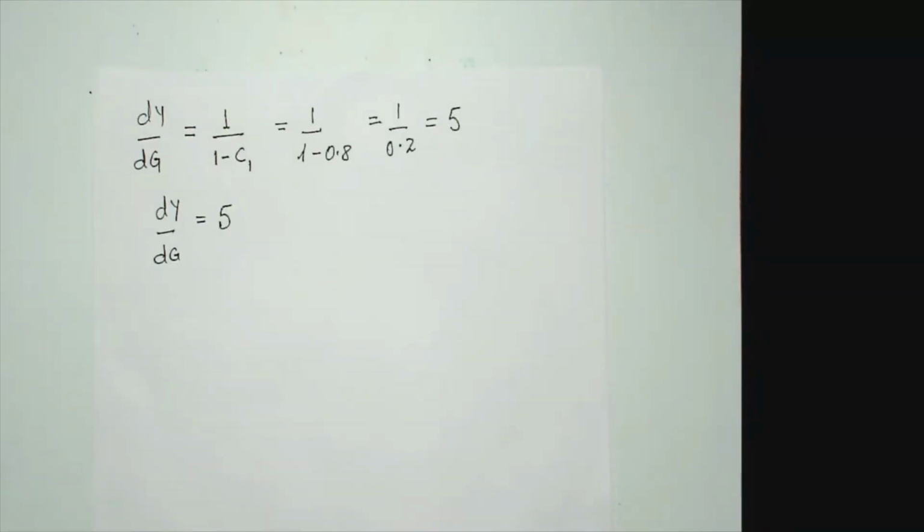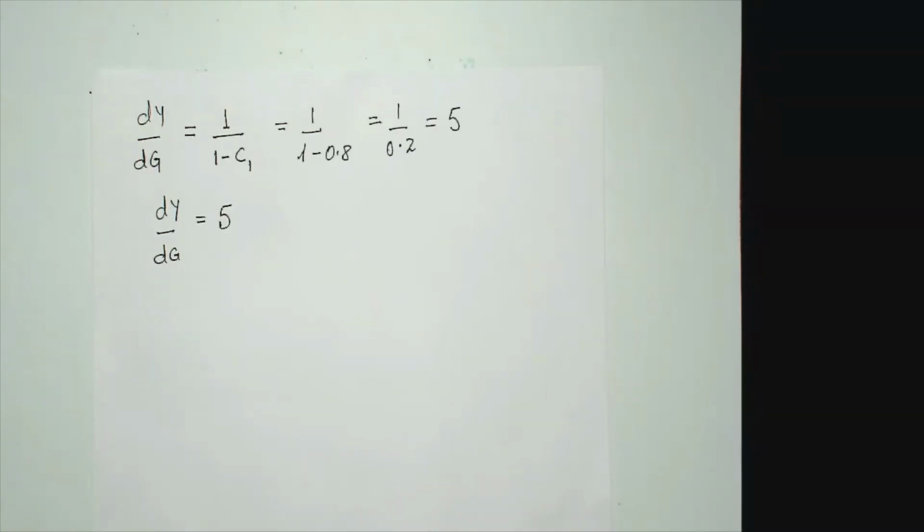But the question says by how many units has the government spending to change in order to obtain the same level of income. So income in the initial period was 600, it decreased to 400, so the change in income was 200.